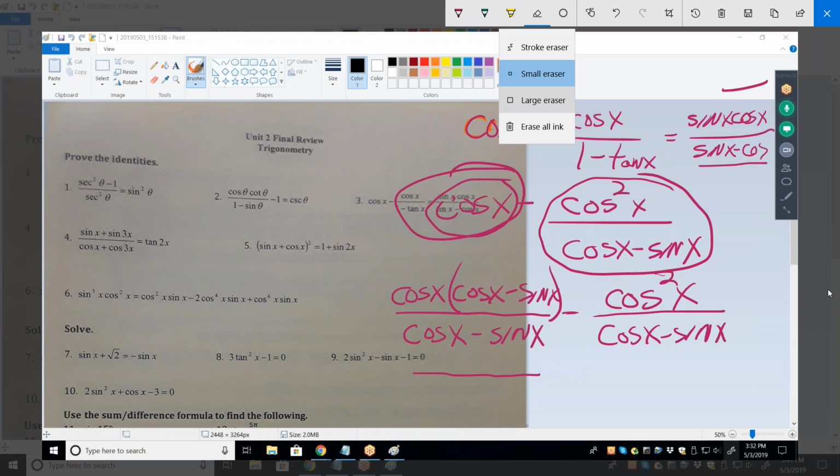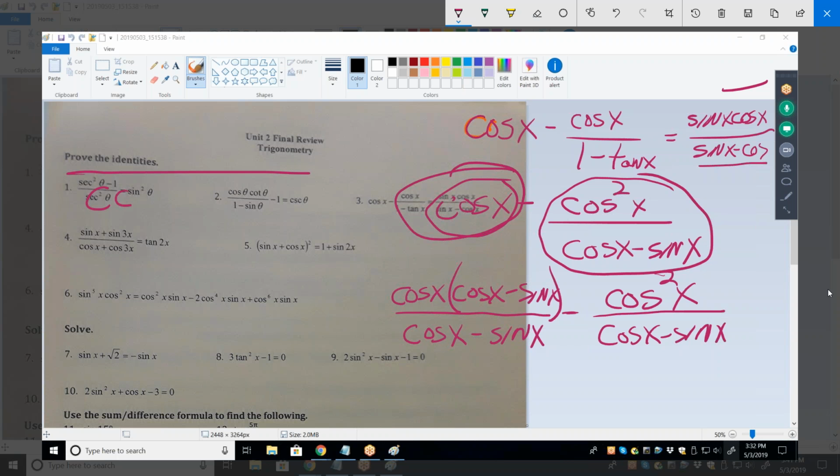On the left, our common denominator is cosine x minus sine x. Now, let me distribute.